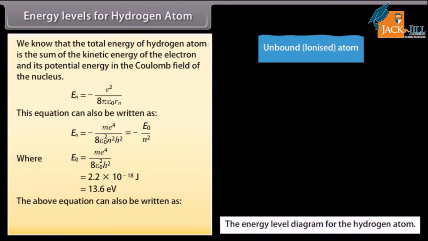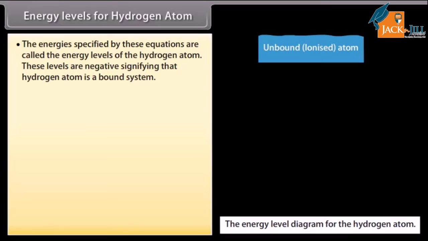The above equation can also be written as Eₙ equals −13.6/n² electron volt. The energies specified by these equations are called the energy levels of the hydrogen atom. These levels are negative, signifying that the hydrogen atom is a bound system.